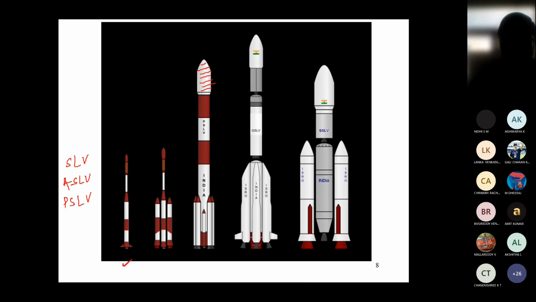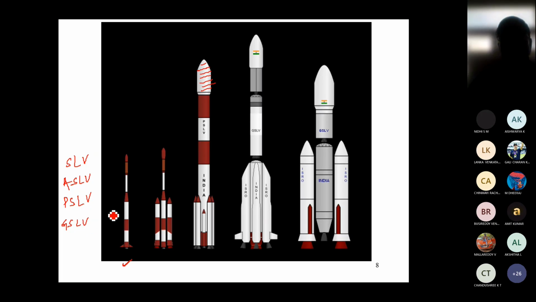Getting the point? So then we have another launch vehicle that is called GSLV. GSLV stands for geosynchronous launch vehicle. Okay, and finally, if you see, this is another version of GSLV. Correct. So it stands for geosynchronous launch vehicle.